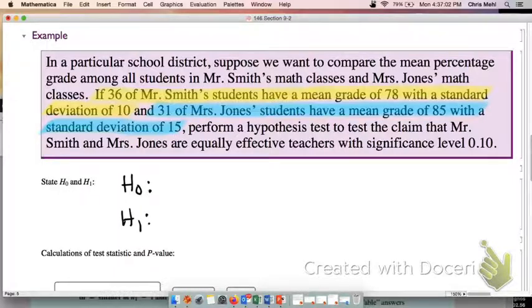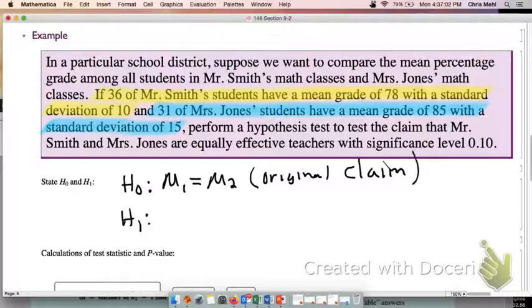No matter what, the null hypothesis is always going to be that the two population means are equal. This is actually the original claim. If they're both equally effective teachers, the mean grade of all their students should be the same.